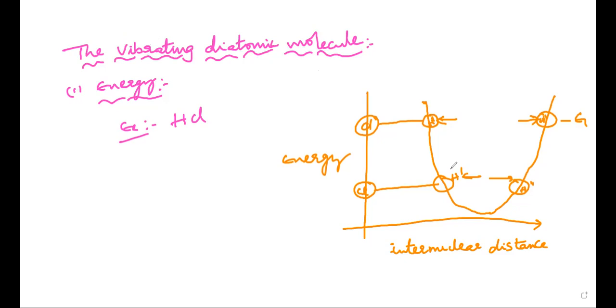So generally the force F is equal to minus k into (r minus r eq), where r eq is the equilibrium internuclear radius, F is the restoring force, k is the force constant, and r is the internuclear distance.